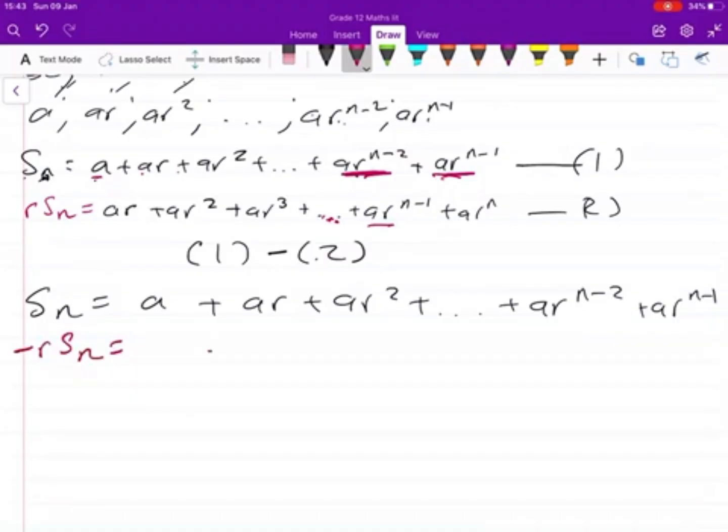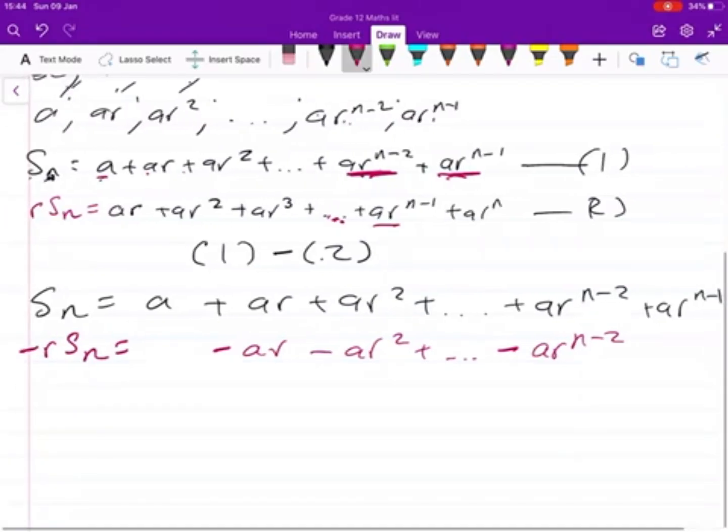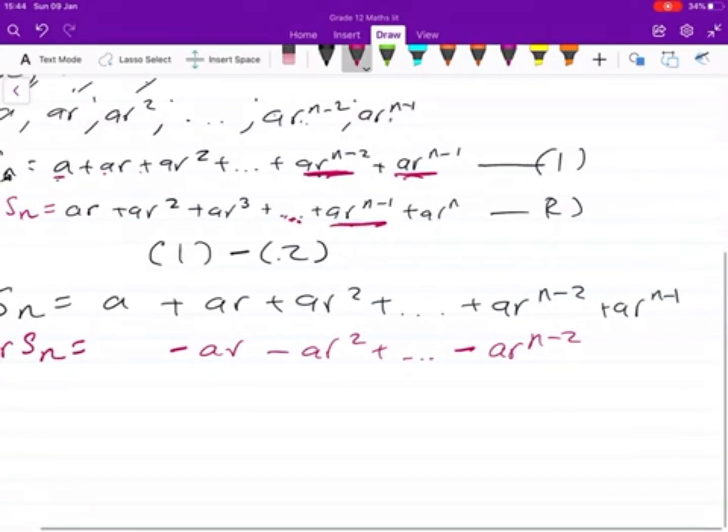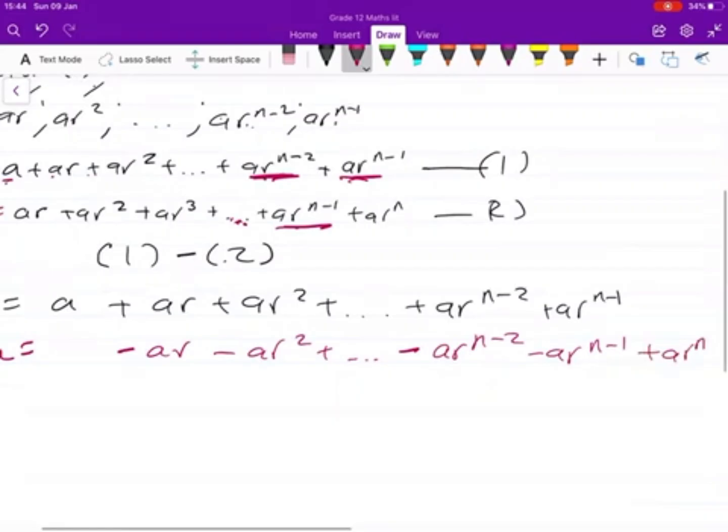Now this is negative AR, this is negative AR squared, and AR^(n-2), guys, really is accommodated in the dot. But let me just write it. The dot is all the numbers that you can see, minus AR^(n-2), and then here is this part, minus AR^(n-1), and then that is plus AR^n.